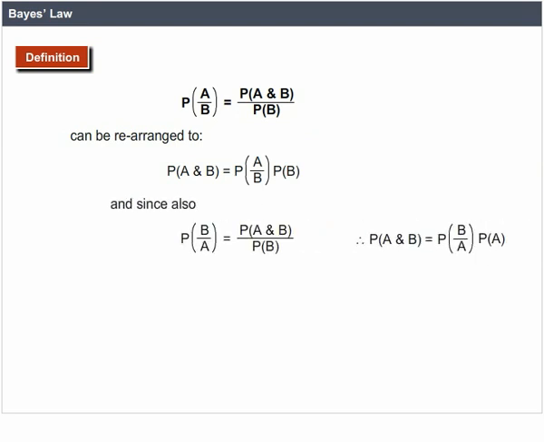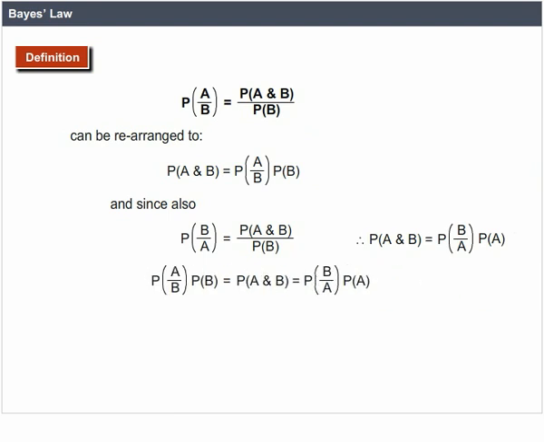Since also P(B given A) is equal to P(A intersection B) divided by P(A), therefore P(A intersection B) equals P(B given A) times P(A).